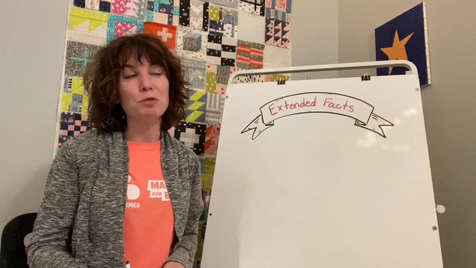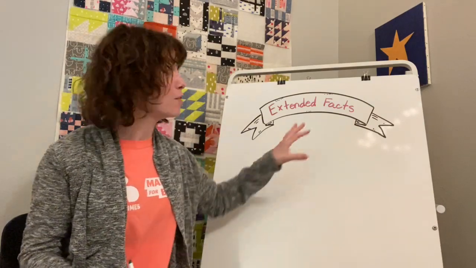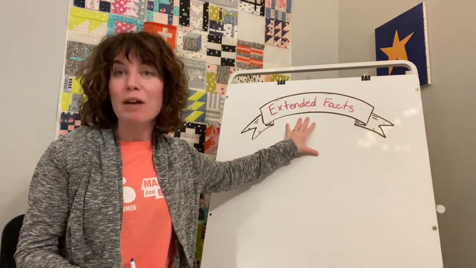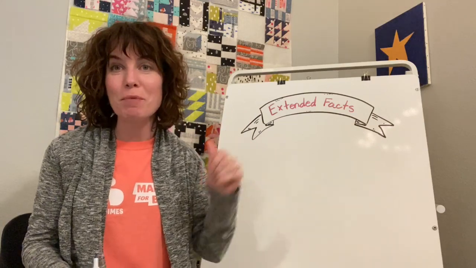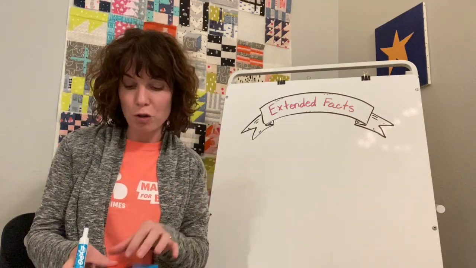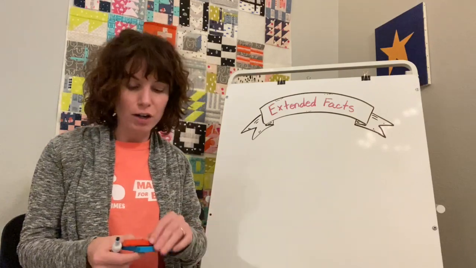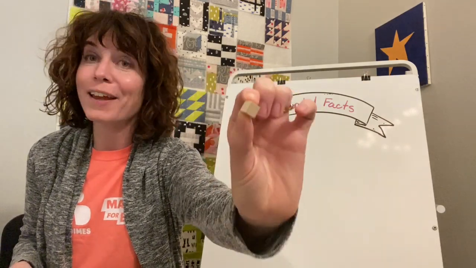Today we are going to be building on the multiplication knowledge that we have by practicing our extended facts. And I will tell you a little bit more about what that means when we go over to the math bench. But I wanted to show you that some of the manipulatives that we'll be using today are cubes, which remember the cubes are 1.